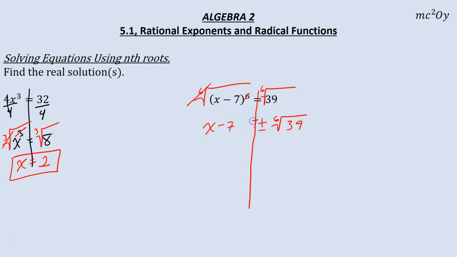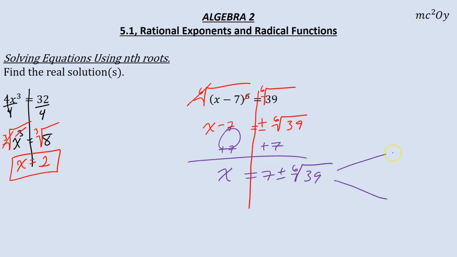Don't forget about that plus or minus. Add that to your notes. You've got that plus or minus that you have to deal with. The next step would be to add 7 on both sides. So x is equal to 7 plus or minus the 6th root of 39.